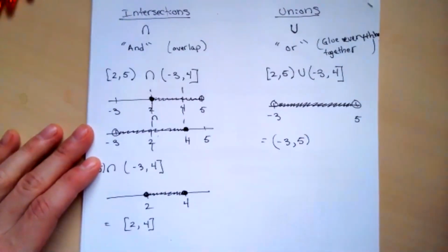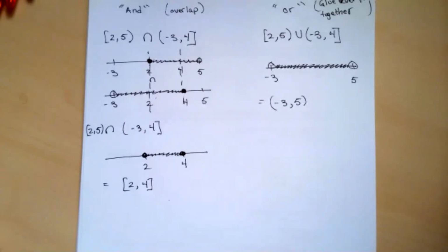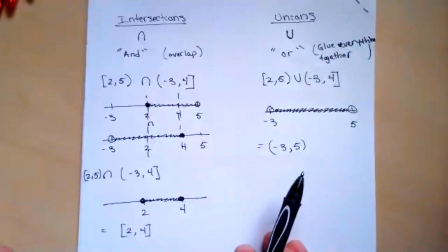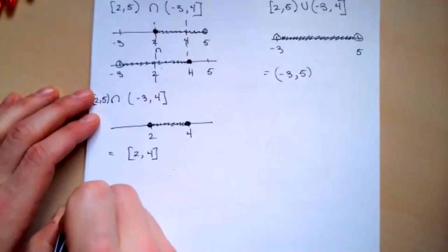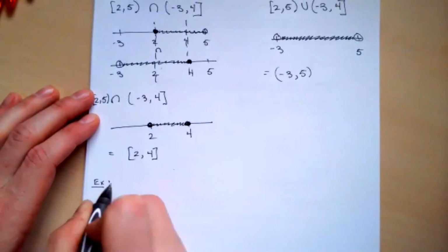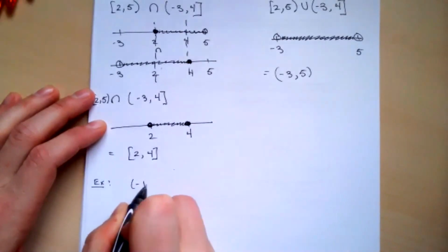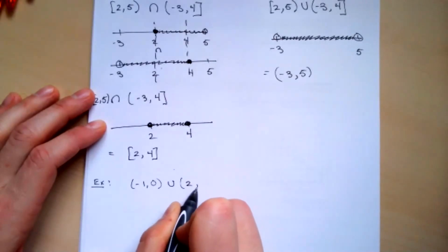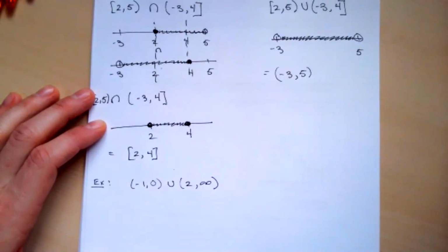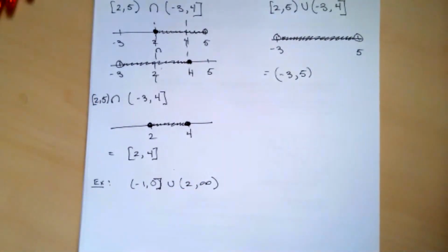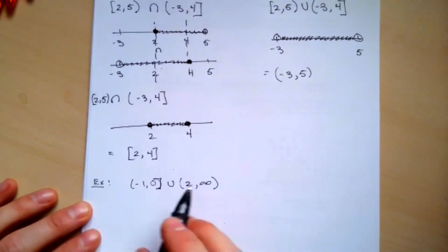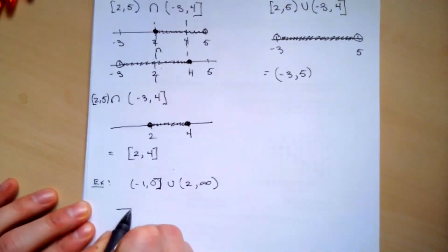So sometimes you can't simplify them though, in particular with the unions. If the sets are disjoint, so for example, if we have something like minus 1 to 0 union 2 to infinity, and let's include 1 for the sake of including 1. This can't be simplified in any sort of simpler set notation because they're disjoint.